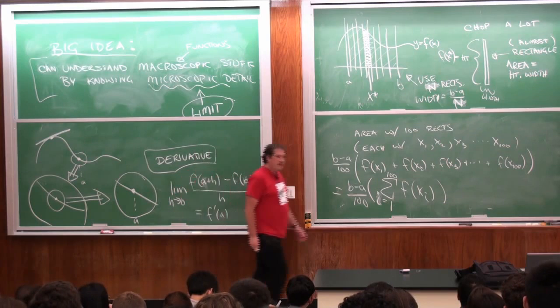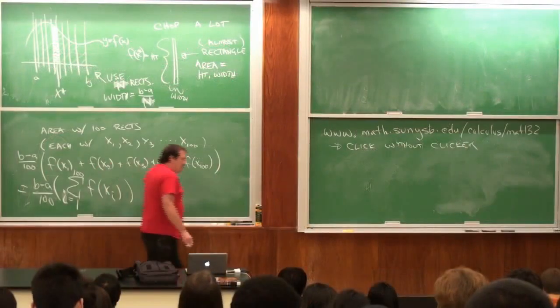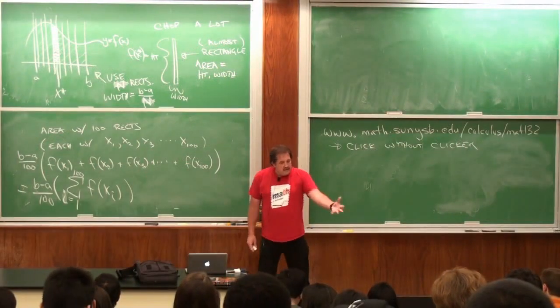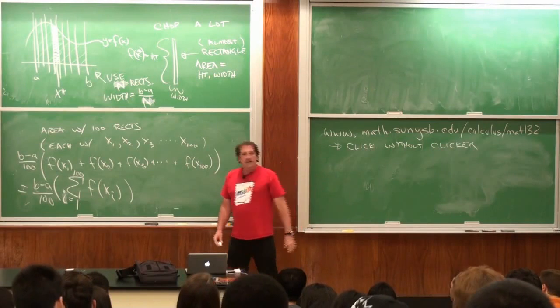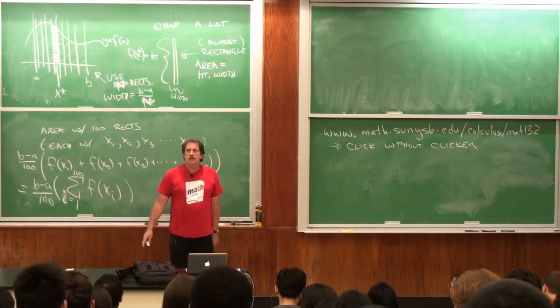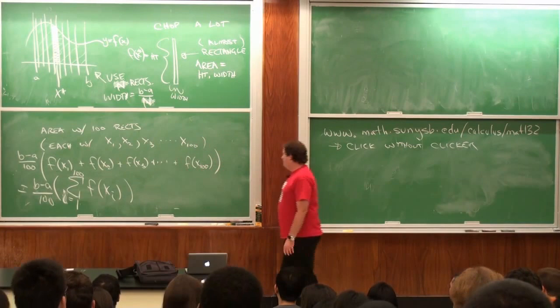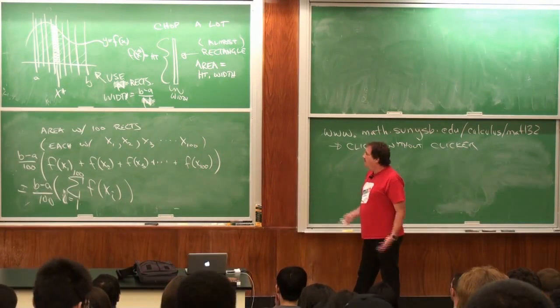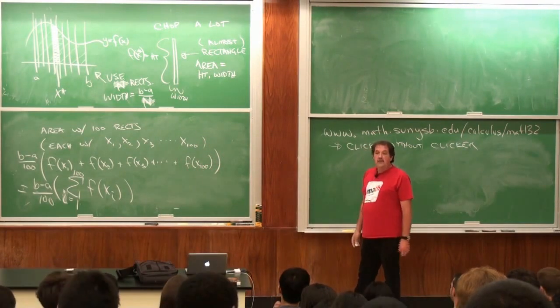There we go. So this is just take this thing, add it. Take the next thing, add it. Take the next thing, add it. We will study these in much greater detail in some number of weeks. Okay, so that's the area with 100 rectangles.